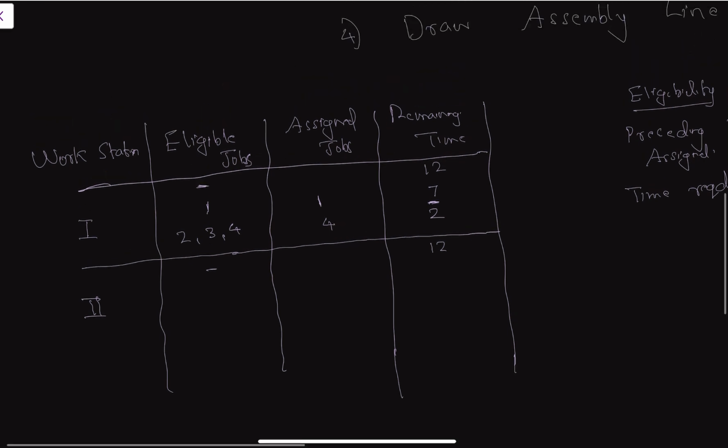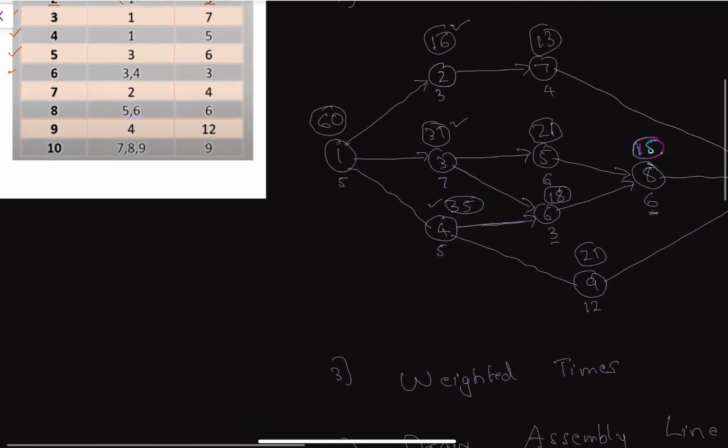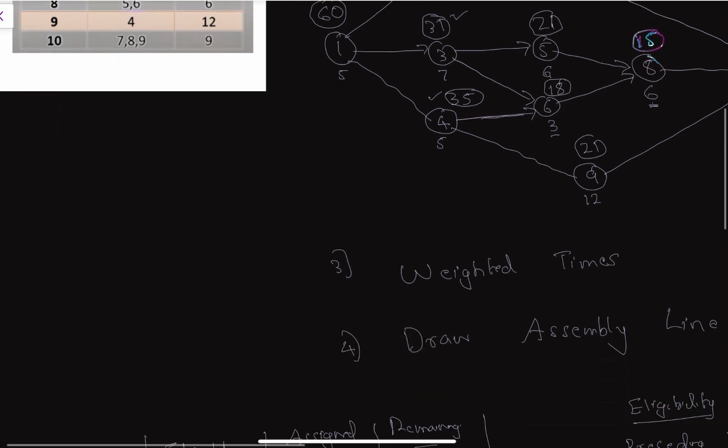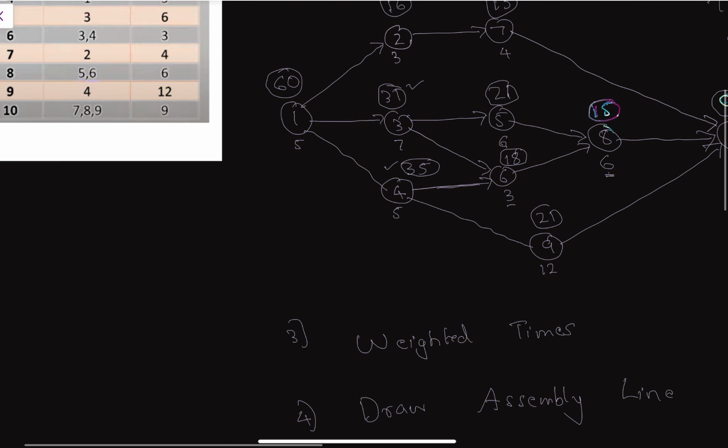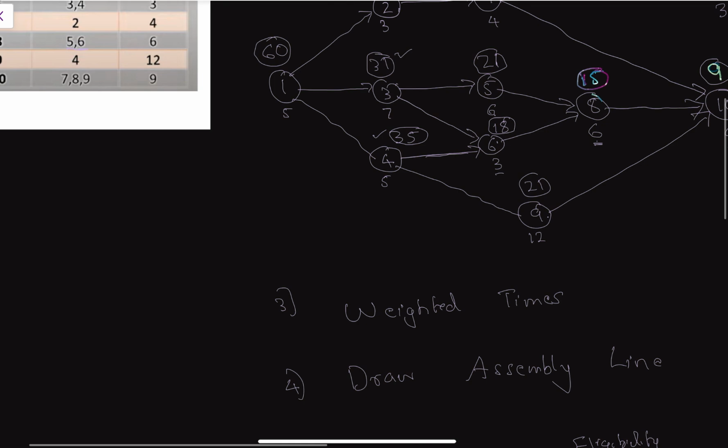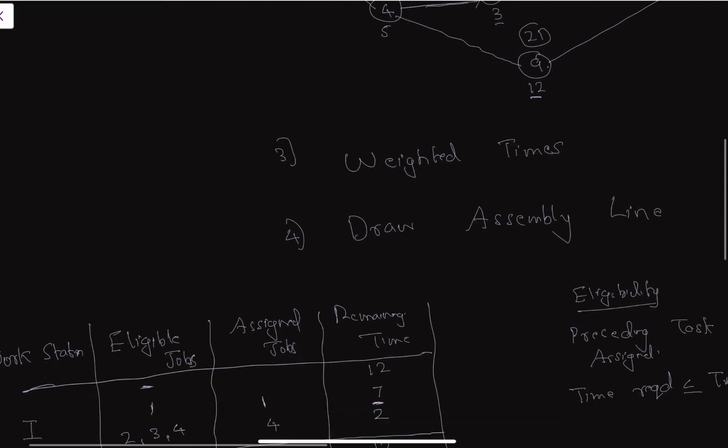You can see that 2 and 3 are eligible because 1 is already completed and 4 is completed. So 2, 3, 6 and 9 are eligible. You also need to check the duration time. For 9, you can see that the duration is 12.